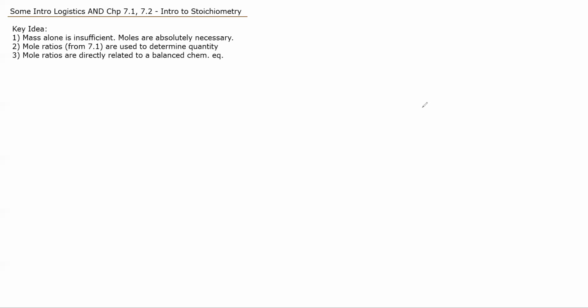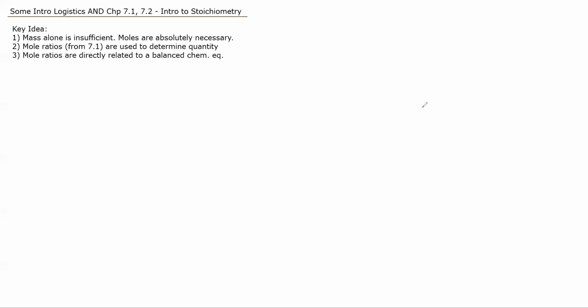All right, let's get to it. So 7.1, 7.2, anything that involves stoichiometry, you will find that mass alone is insufficient. Moles are absolutely necessary if you want to calculate the amount of reactant or product in a reaction. And so you are going to use mole ratios, which you will learn in chapter 7.1, to determine quantities of reactants and products in a reaction.